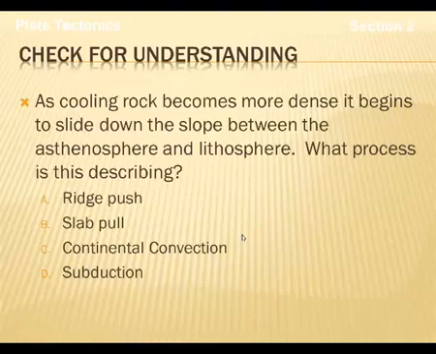See a few people that have slab pull. This process is actually describing ridge push. Okay, so where we've got cooling magma becoming more dense, it begins to slide down a slope between the asthenosphere and lithosphere, pushing the rest of the plate in front of it. This is ridge push.